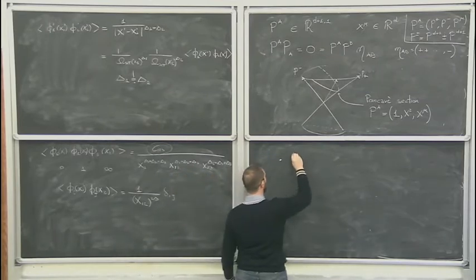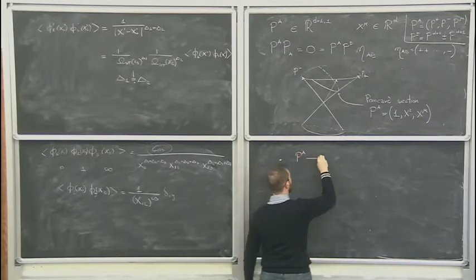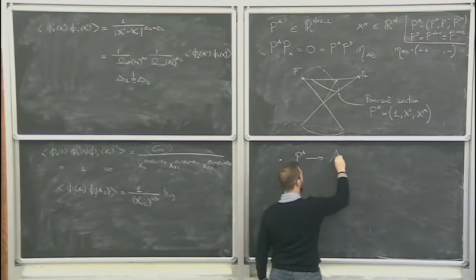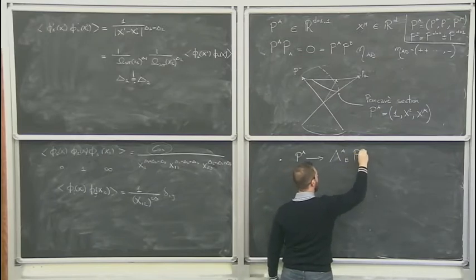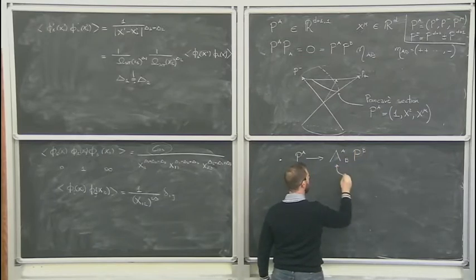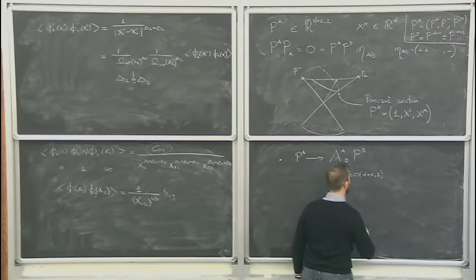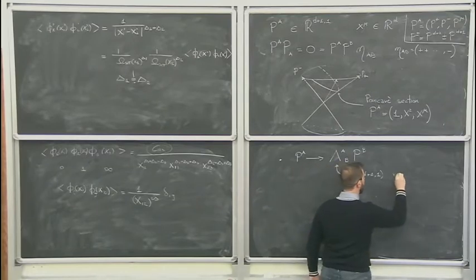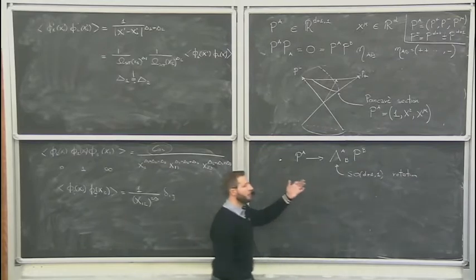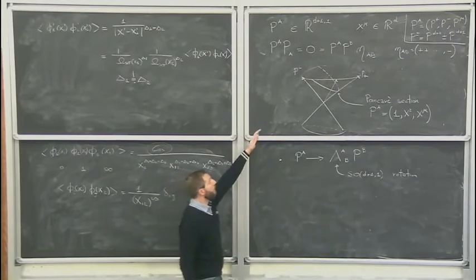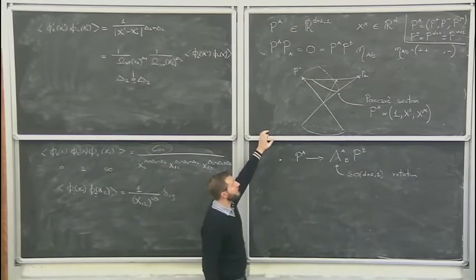Because if I take P^A and send it to Lambda^A_B P^B, where this is a rotation, by definition rotations preserve the scalar product.